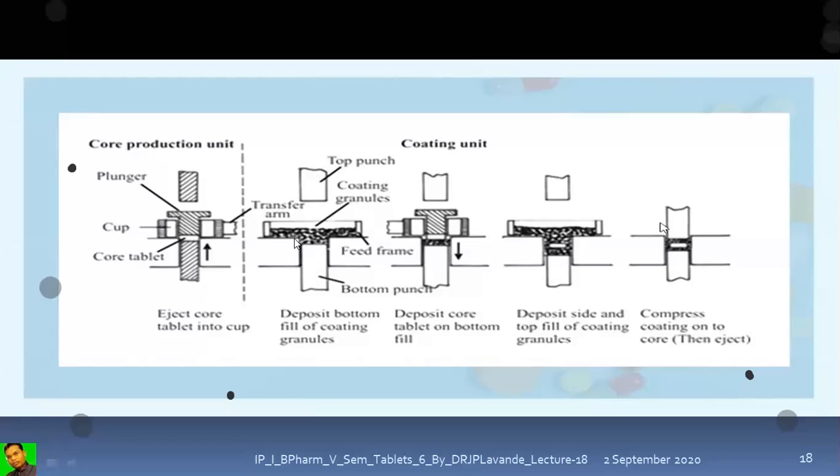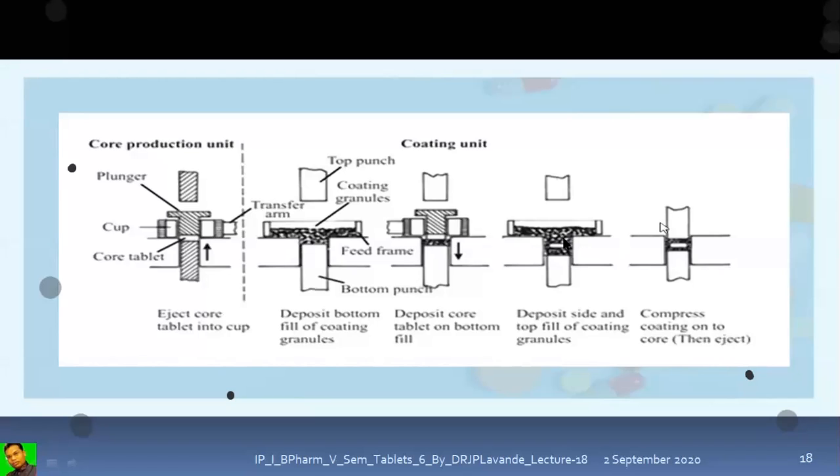The coating granules are preloaded, and in this we are introducing the tablet. The tablet is introduced exactly at the center, so that from bottom and from sides it will contain the coating material. Then again it is covered with the coating material in the third stage.